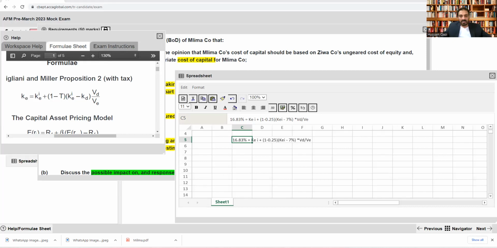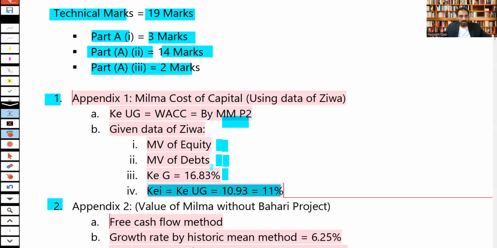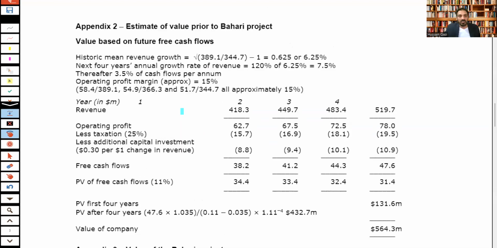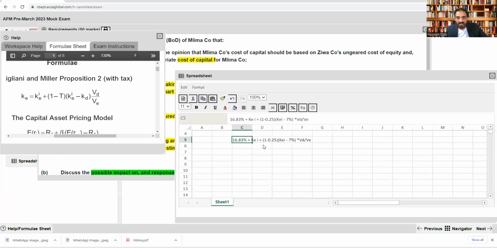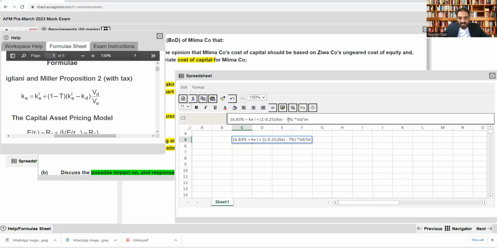Ideally, the exam solution is performed in this manner with the same structure. This is actually the model answer. No need to mention the formula directly; you just mention this. Oh, sorry, I mistakenly put 7%.